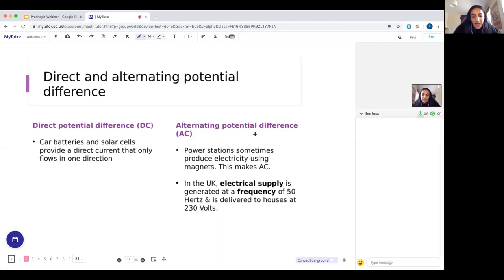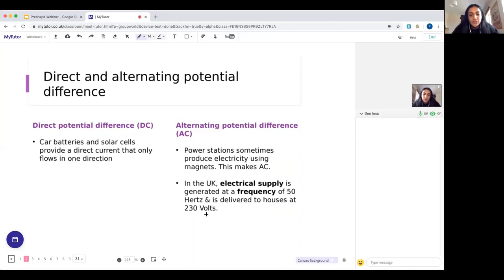In the UK, the electrical supply, the stuff that comes out of your socket, is AC. It's delivered at a frequency of 50 hertz and at a voltage of 230 volts.